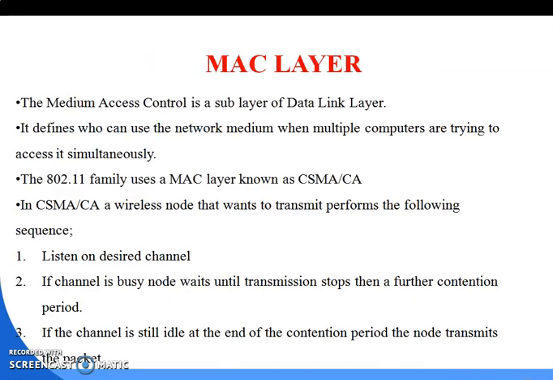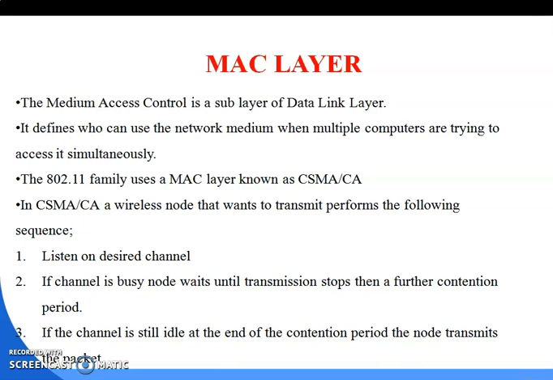Next, coming to the MAC layer. The medium access control is a sub-layer of the data link layer. It defines who can use the network medium when multiple computers are trying to access it simultaneously. The 802.11 family uses a MAC layer known as CSMA/CA. In CSMA/CA, a wireless node that wants to transmit performs the following sequence.